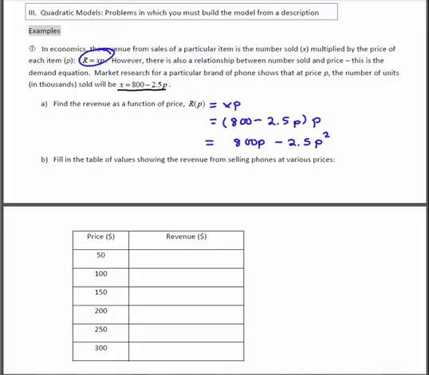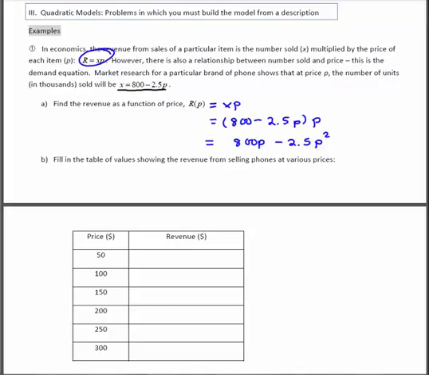So first order of business here is to take this quadratic function, and for the prices listed in the table, I'd like to calculate the revenue using the equation that I just found. So first I'm going to plug 50 in for P, and then 100, and so on.